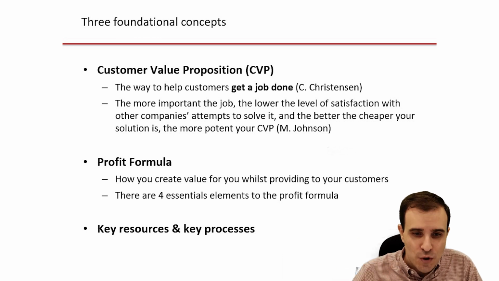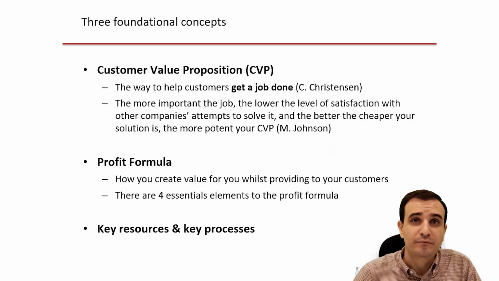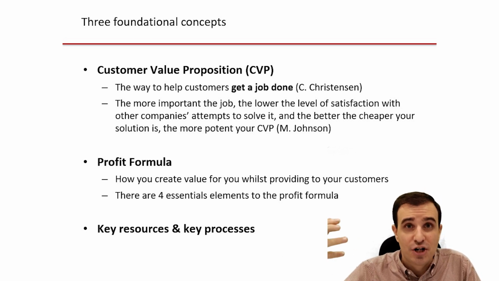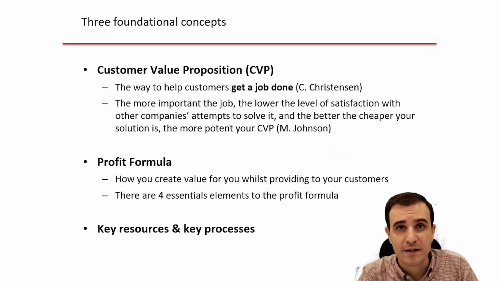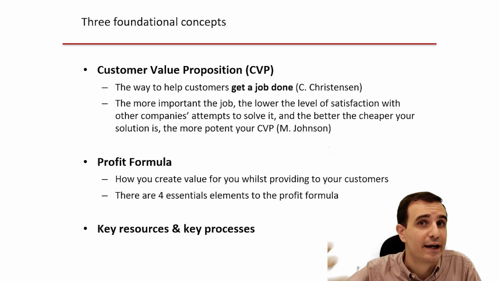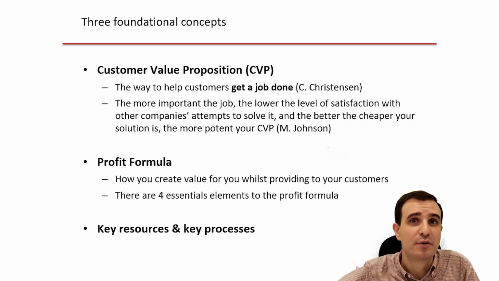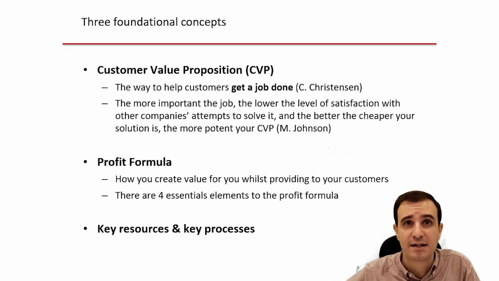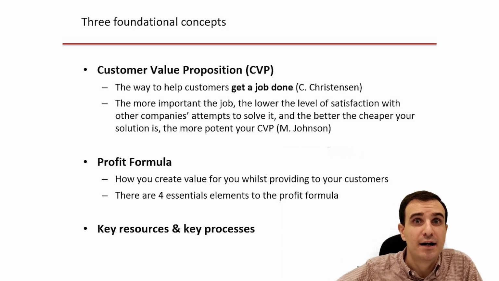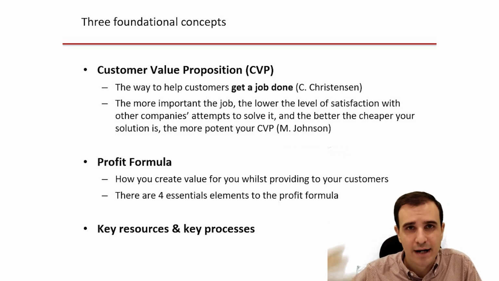So what we can learn here is that the more important the job is, in my case, make a video, but when you buy a car, the job will be more important. Traveling, commuting to work every single day, 365 days a year. Or when you buy a house will be even more important, right?